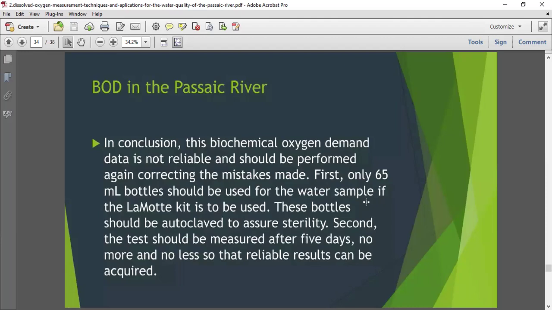What is the biological oxygen demand test? We can find out the amount of microorganisms present in water or sewage water.